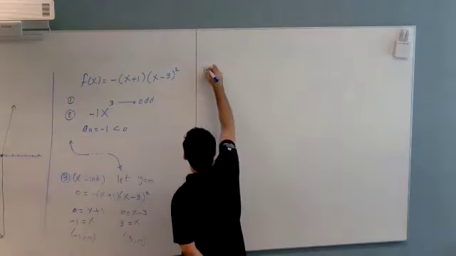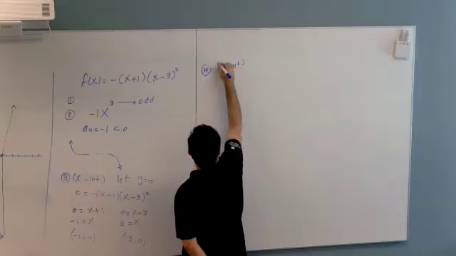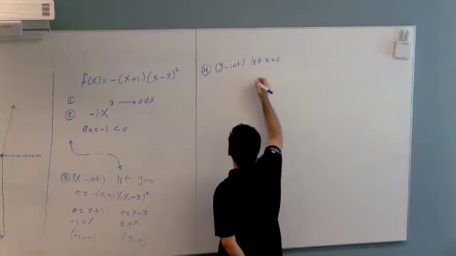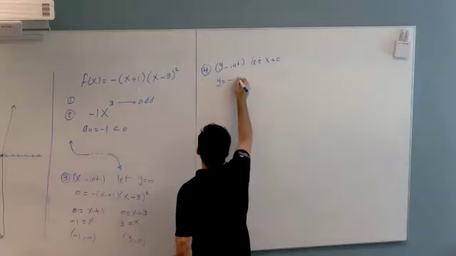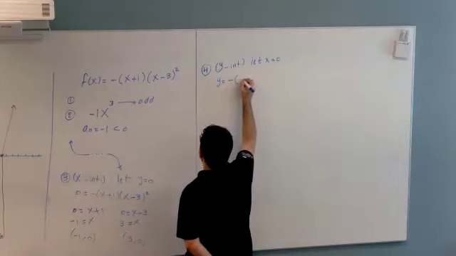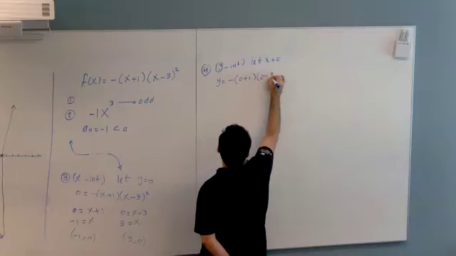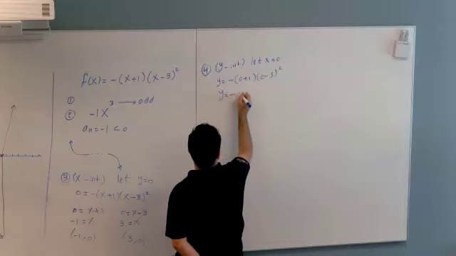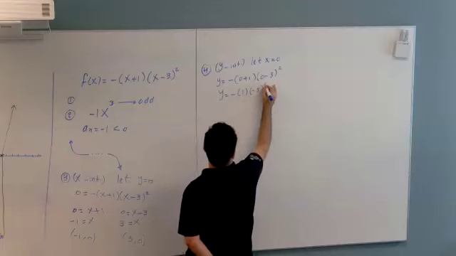Okay. Step 4 is to find what? Y-intercept. We're gonna let x equal 0. That means y is going to be equal to, put 0 here. So it's going to be negative. Be careful. 0 plus 1, 0 minus 3 squared. Y is going to be equal to negative, here is 1, and here is negative 3 squared.